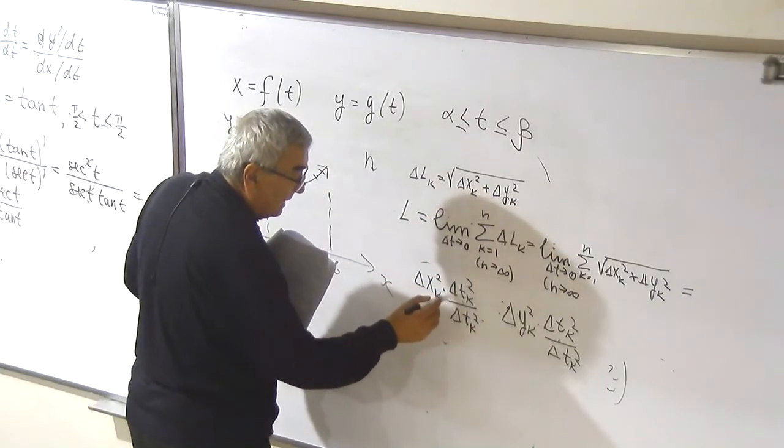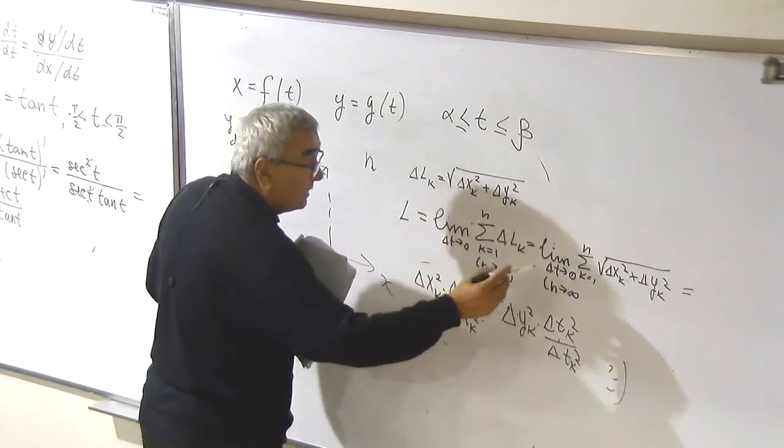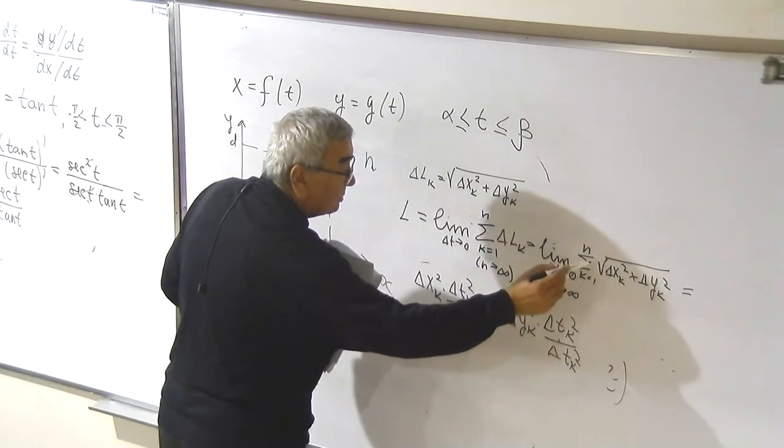The delta t_k factor is the same in both, therefore it is possible to extract it from the root.